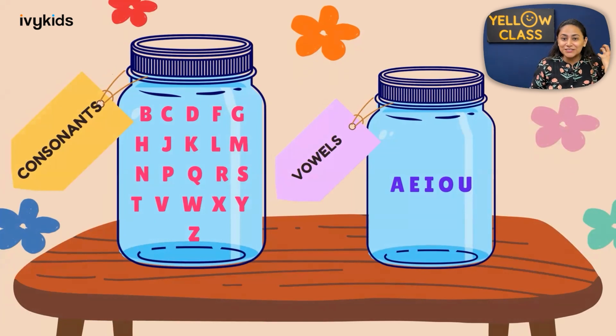Did you watch this story and realize that article a found a good bond with all the consonants, whereas article an found a good bond with the 5 vowels, but the, being the mature one, had a good bond with all the English letters, right?